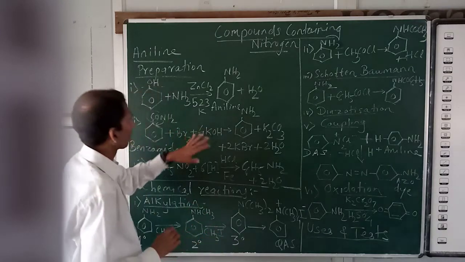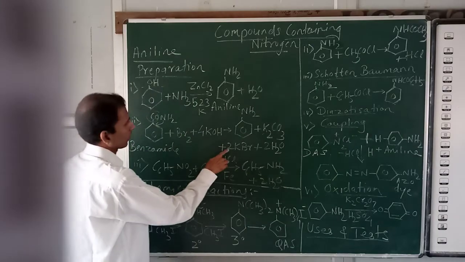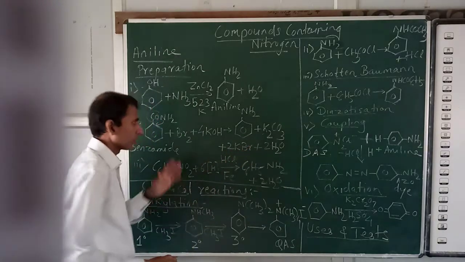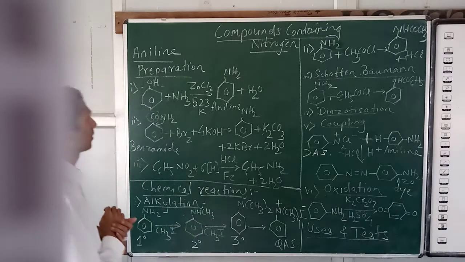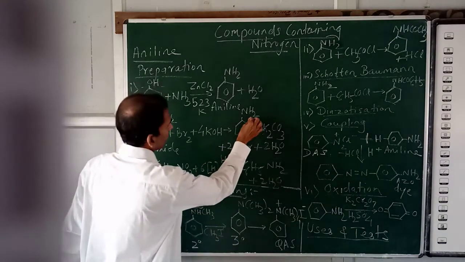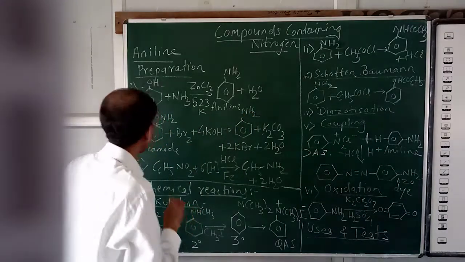And the remaining byproducts are potassium carbonate, K2CO3, then 2 KBr and water. So you have to write the balanced chemical reaction every time, just keep in mind. So from the second method, again we have prepared aniline.